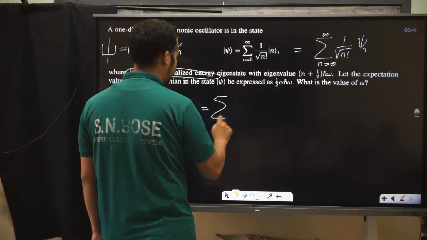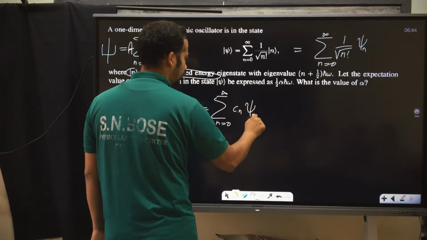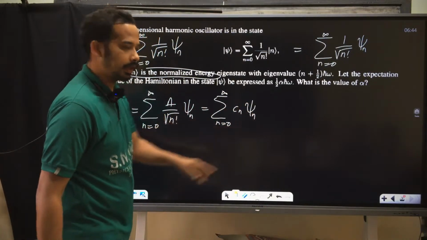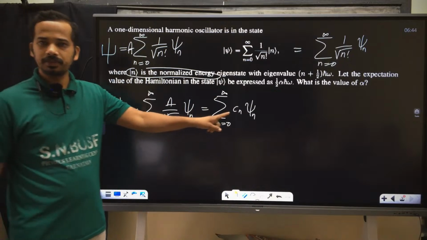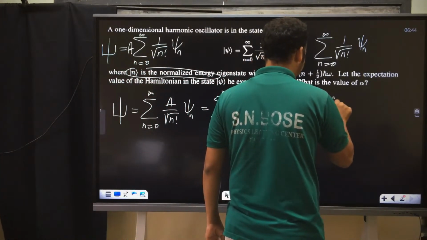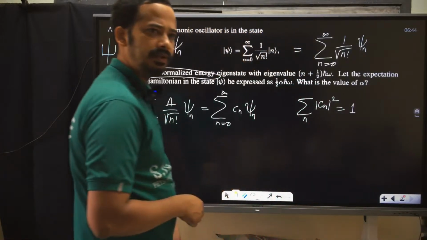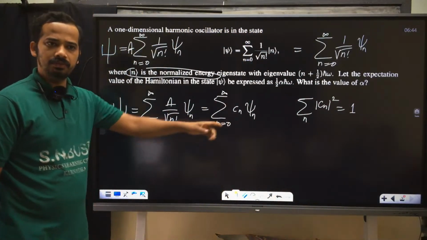Treat it like Cn into psi n. If psi n are normalized, how do you normalize this linear combination state? Summation over mod Cn square equal to 1. You have to do the derivation of how these two are equivalent. Then only you will remember.